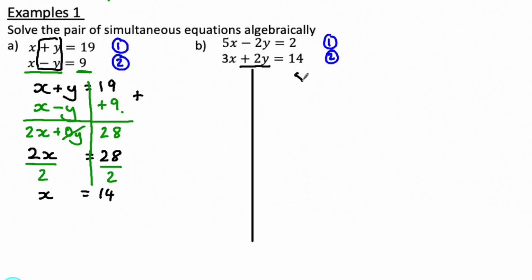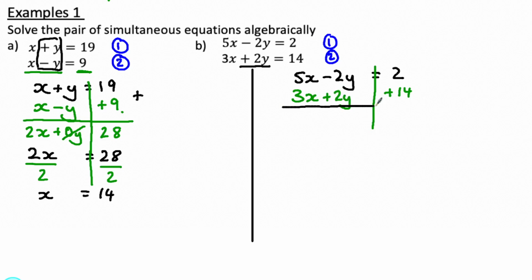So let's just write this out. I've got 5x minus 2y equal to 2. I'm going to add 14 on the right-hand side, and add 14 on the left-hand side, but we know 14 is equal to 3x plus 2y.